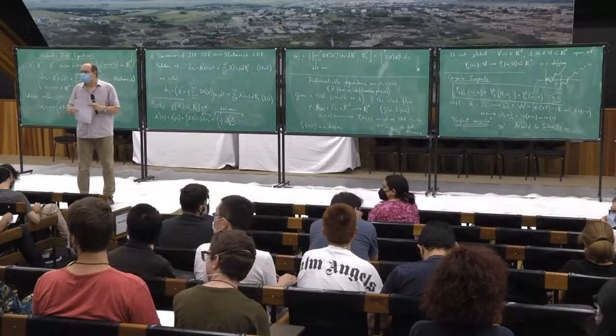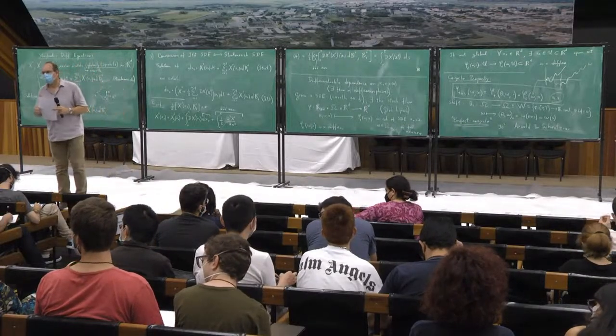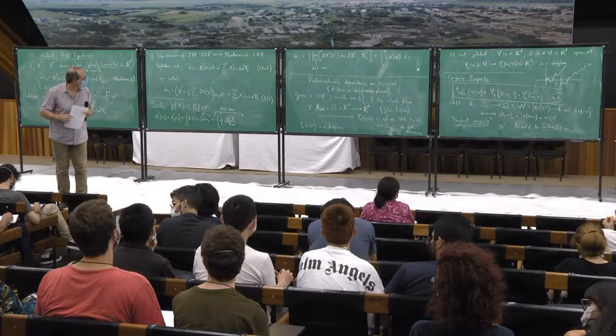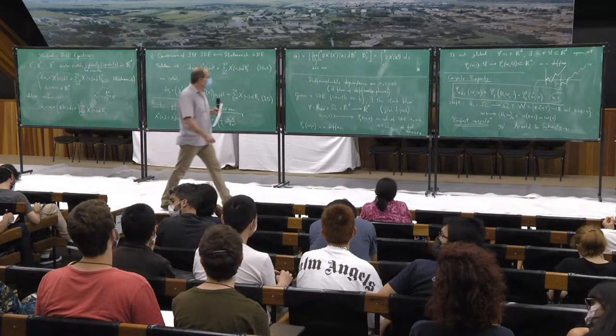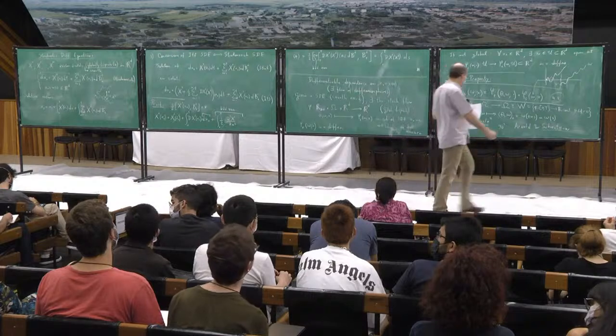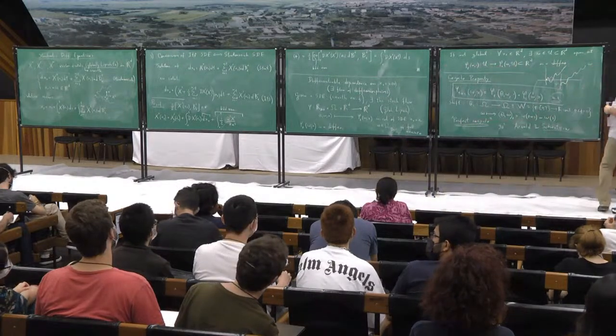How does the identification with capital W work? Omega is supposed to be an abstract space, so W isn't where your random variable takes place.